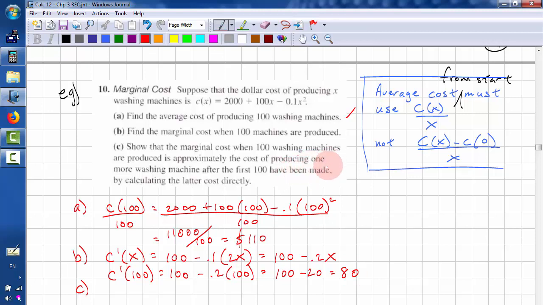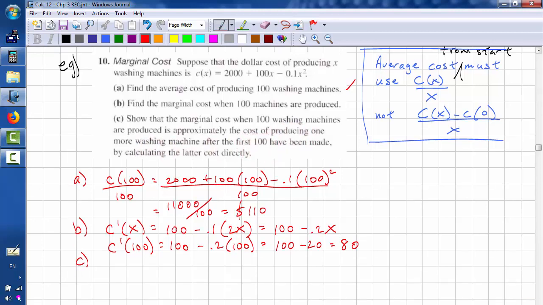Okay, here's where the wording is the most tricky. What is the cost of producing one more washing machine after the first 100 have been made? We need to do C(101) minus C(100). And technically we're doing 100 and 1 minus 100. That's just going to be 1. We've already calculated this, so we don't have to calculate it again.